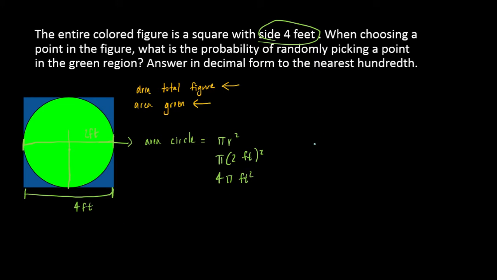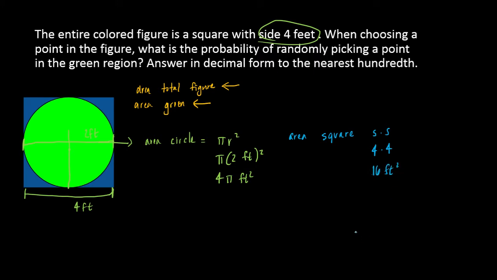The area of my square, a little easier to find, is just side times side. So if one side is 4 feet, then I know I've got 16 feet squared.